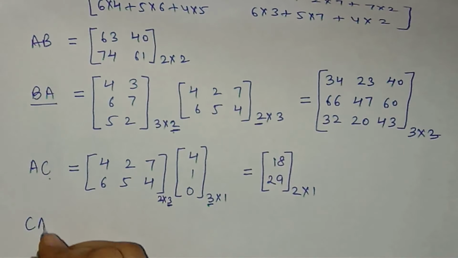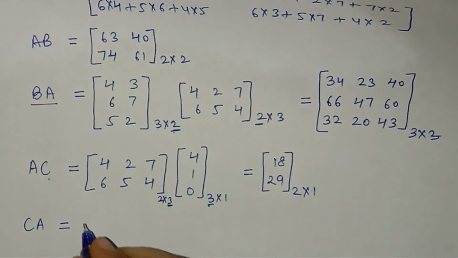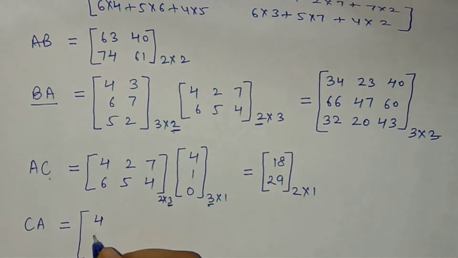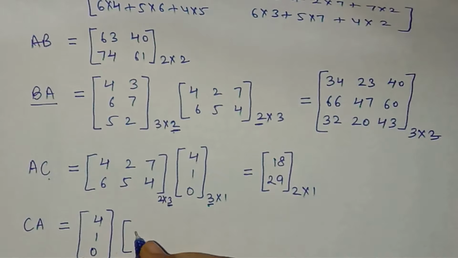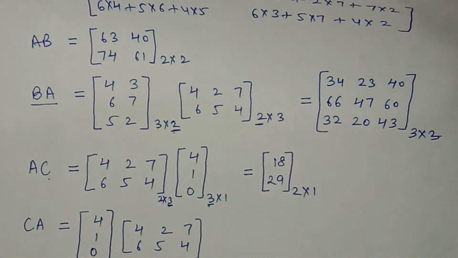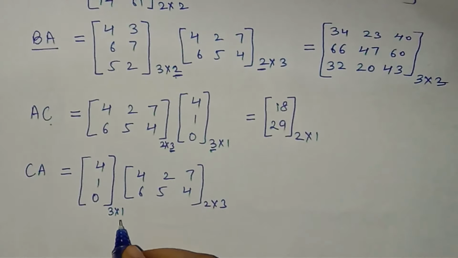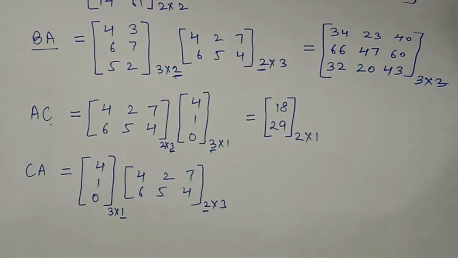Now let's see the last one, which is C into A. Can we calculate C into A? 4, 1 and 0. That is my first matrix. Now the first matrix is of order 3 by 1. The second matrix is of order 2 by 3. Now as you can see in this matrix, the number of columns of the first matrix are not equals to the number of rows of the second matrix.